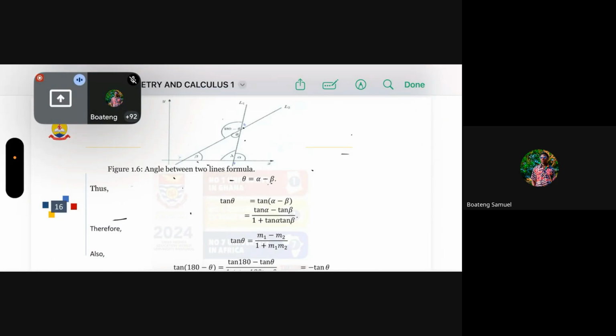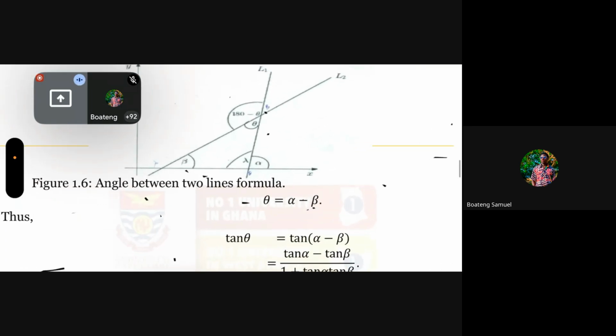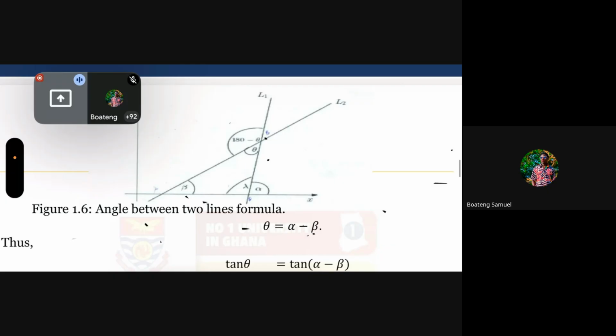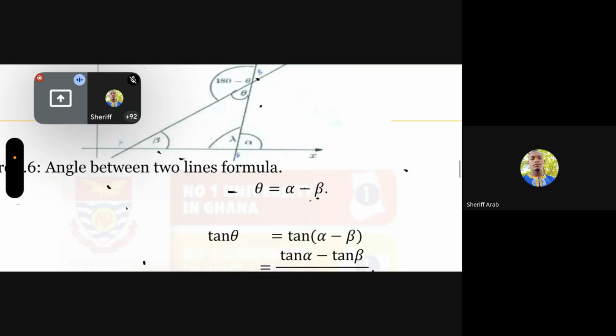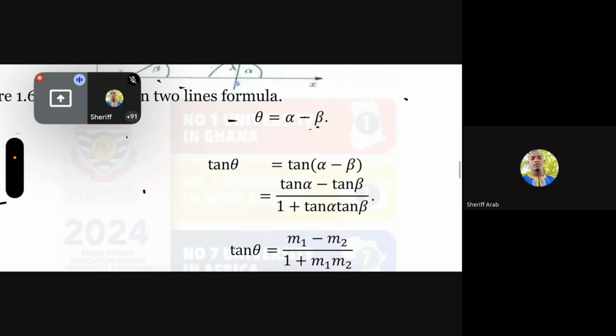Okay, so let's continue. And I know that my alpha is the gradient for L1. Can you see it on the diagram? The gradient for L1 is alpha. Can you see it? Yes, madam. Okay. So tan alpha is the gradient for L1, which means my tan alpha will be M1.